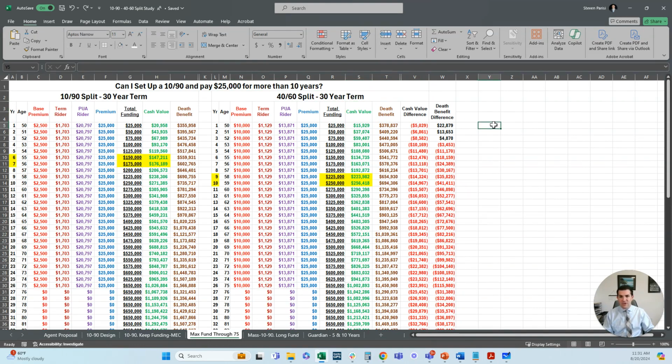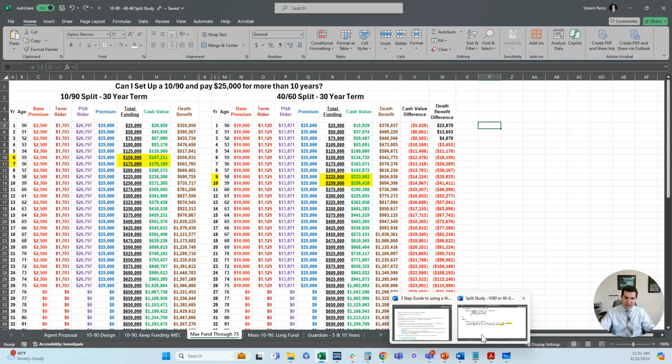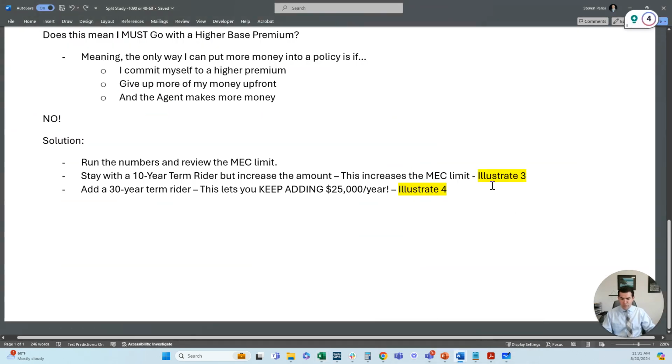We've seen too many cases where dividend rates go up and the policy dividend and cash value performance does not follow it with the dividend rate. So there's been too many cases where I've seen that not happen to confidently recommend to someone go with the higher base premium because interest rates and dividends should go up. It's like, no, it's people's money that we're dealing with here. I'm not doing that unless I see proof.